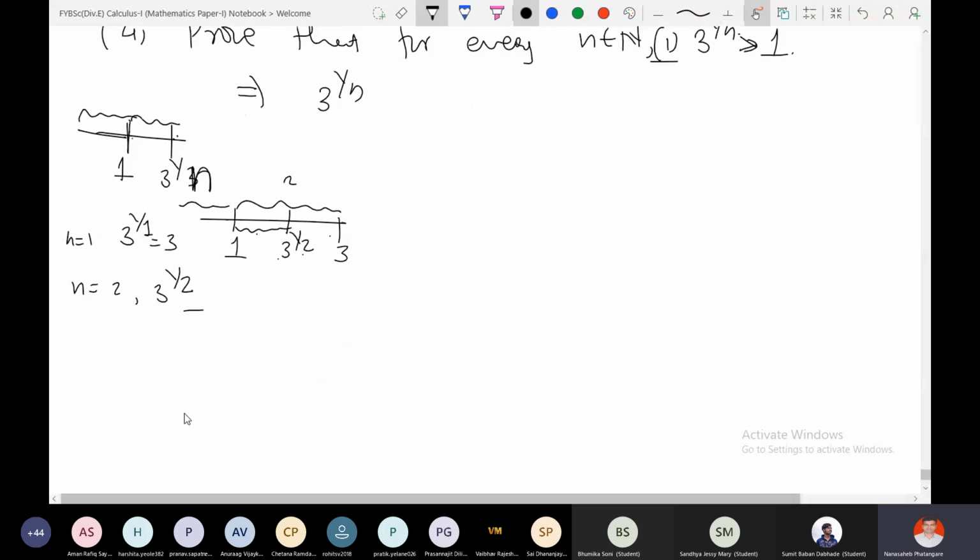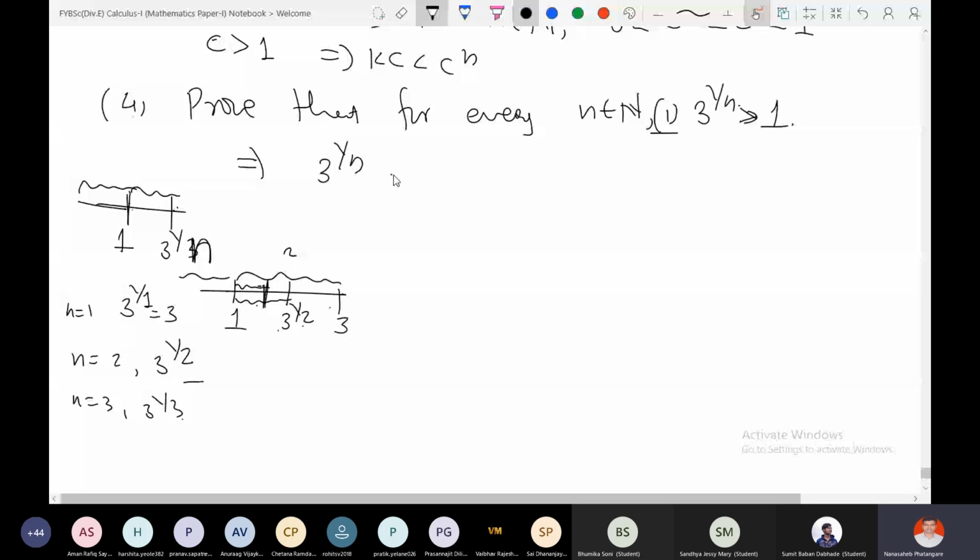Now if you look at n equal to 3, so 3 raised to 1/3 is somewhere here, and the additional part is this. So when I say 3 raised to 1/n is greater than 1, that means it is 1 plus some additional part. And what is that additional part? You can say Cn. It depends on n, right? If n is equal to 1, then the additional part is 2. If n is equal to 2, the additional part is this.